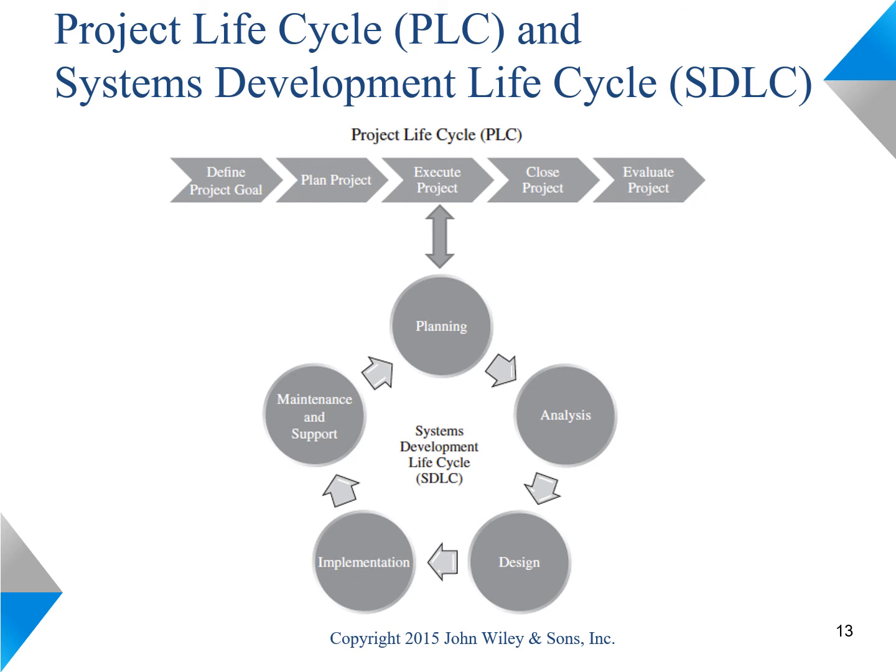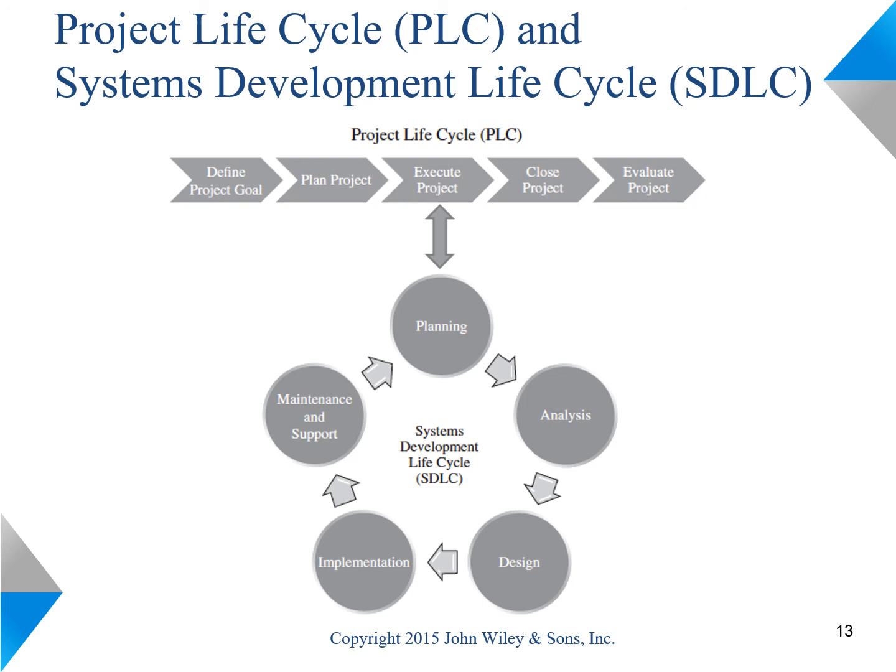The project lifecycle, PLC, focuses on phases, processes, tools, knowledge, and skills for managing a project, while the system development lifecycle, SDLC, focuses on creating and implementing the project's product, which is the information system.